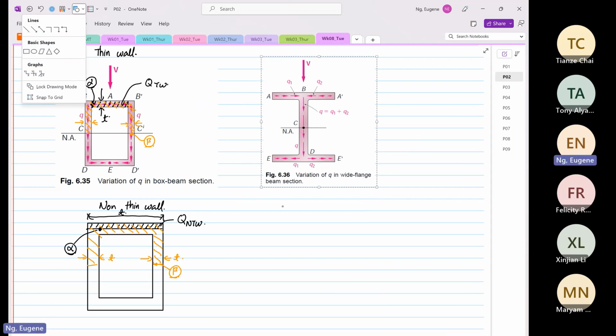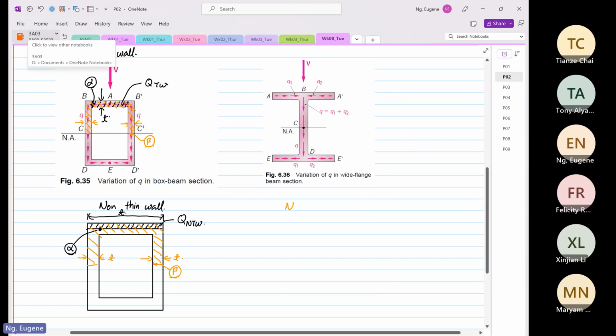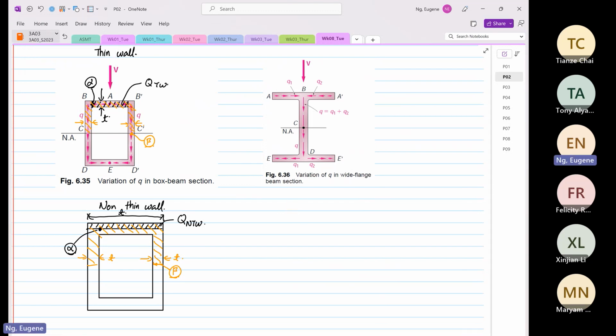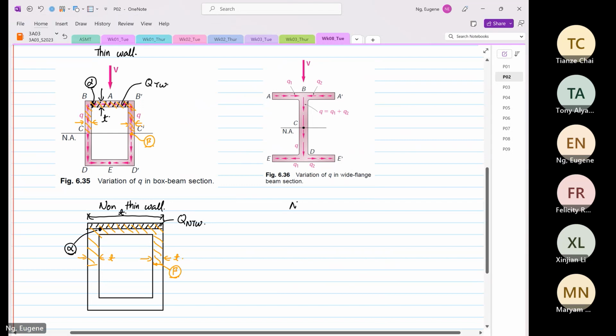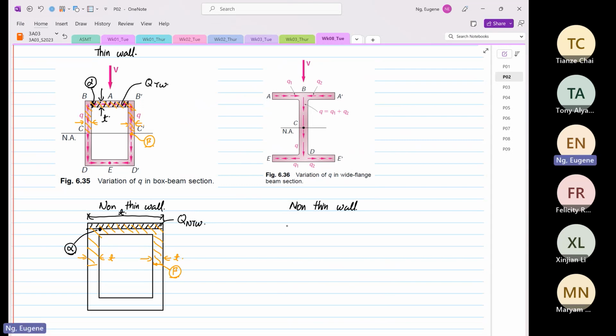So let's say we have a non-thin wall, below. Then we have our I-beam down here. Again, there are some similarities and some differences. So below is non-thin wall.